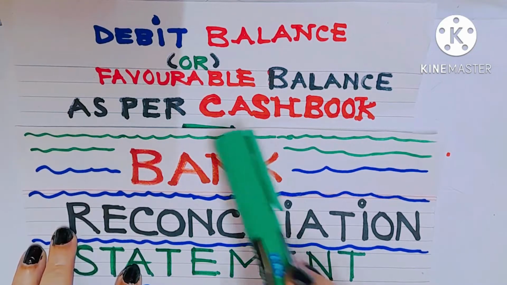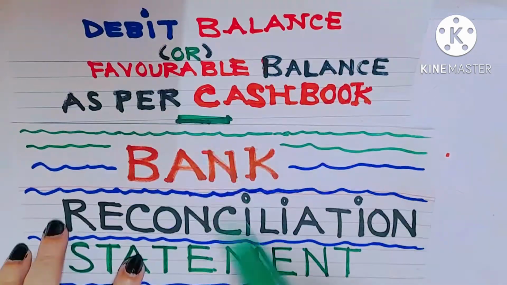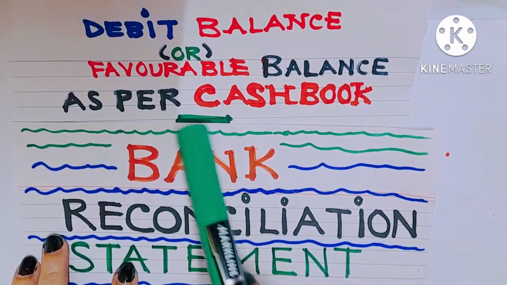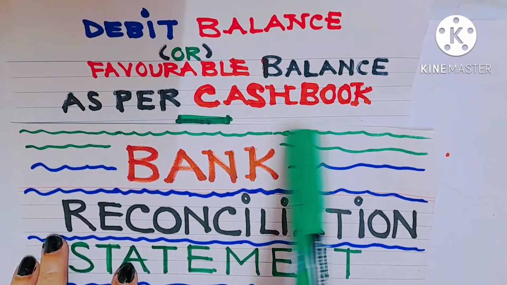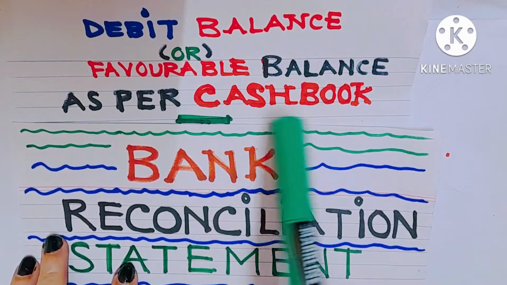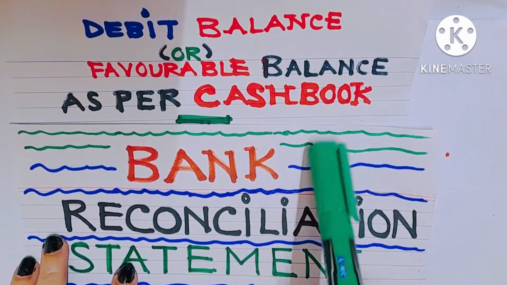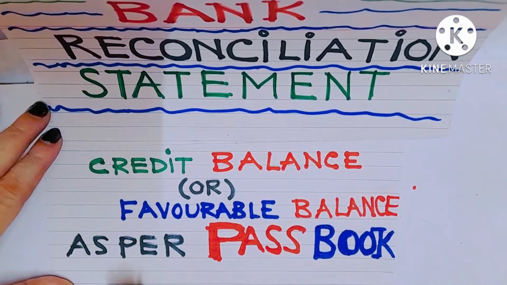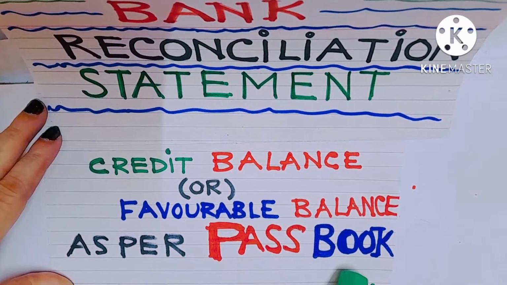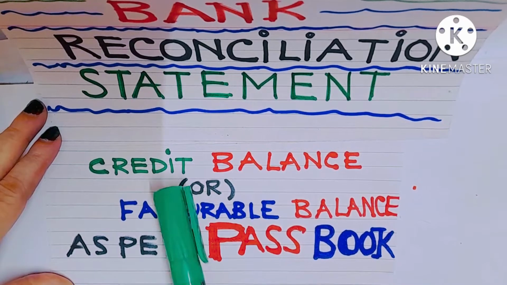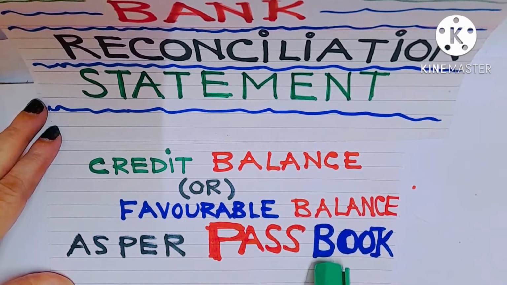And let me give you some more information. Bank balance as per cash book is also known as debit balance as per cash book or favorable balance as per cash book. Okay, understood? And bank balance as per passbook is also known as credit balance as per passbook or favorable balance as per passbook.